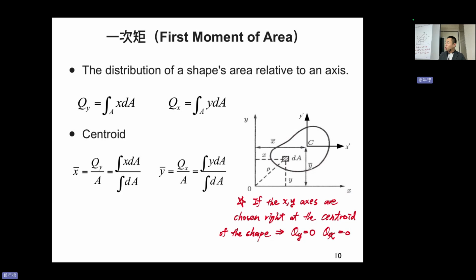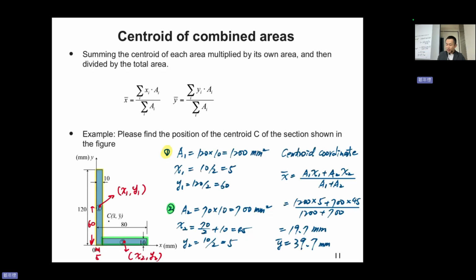It is related to centroid. The other thing is that typically we will determine the area by using the combined method. You determine each area, and you know where its centroid is. So this is the centroid of this rectangle here, and you already know the centroid coordinate.